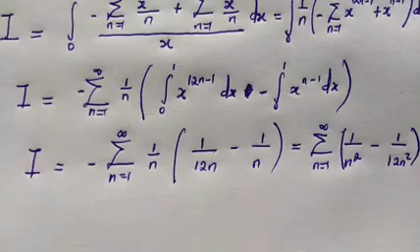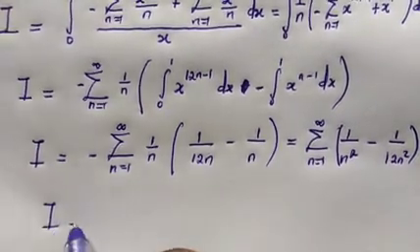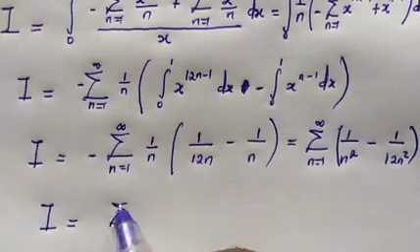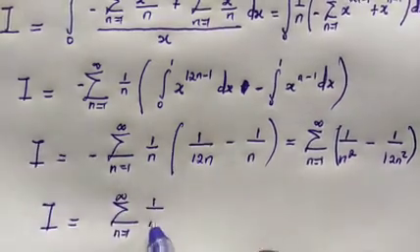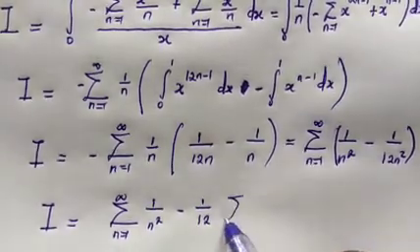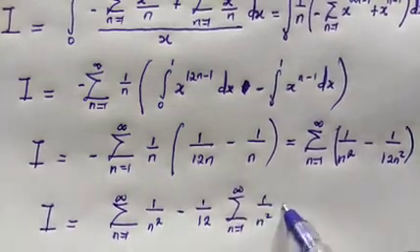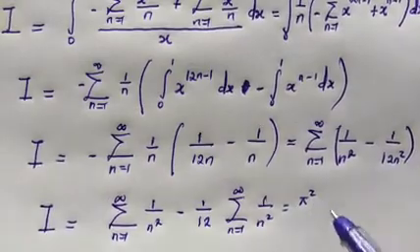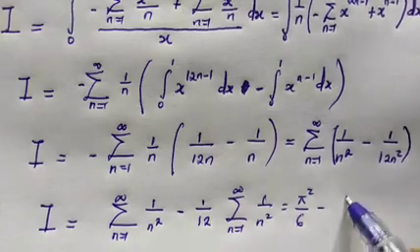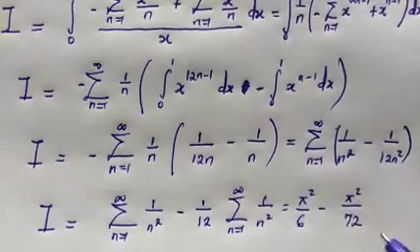So from here, this is just the Basel problem, right? So here I is going to be equal to the sum as n goes from 1 to infinity of 1 over n squared minus 1 over 12 times the sum as n goes from 1 to infinity of 1 over n squared. So this is giving us here the Riemann zeta of 2, which is pi squared over 6, minus 1 over 12 times pi squared over 6, which is pi squared over 72.